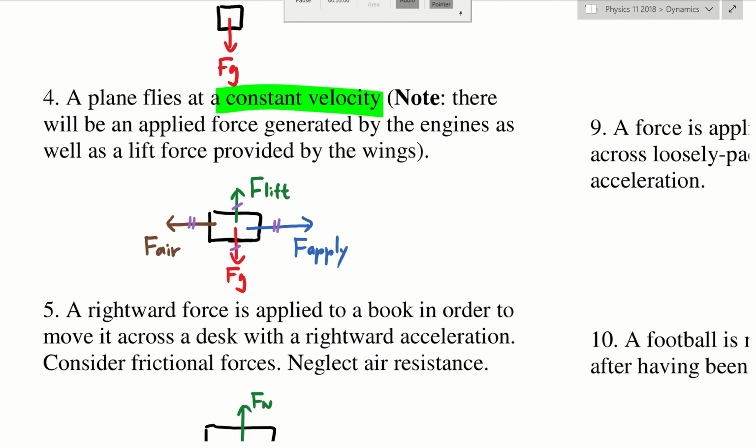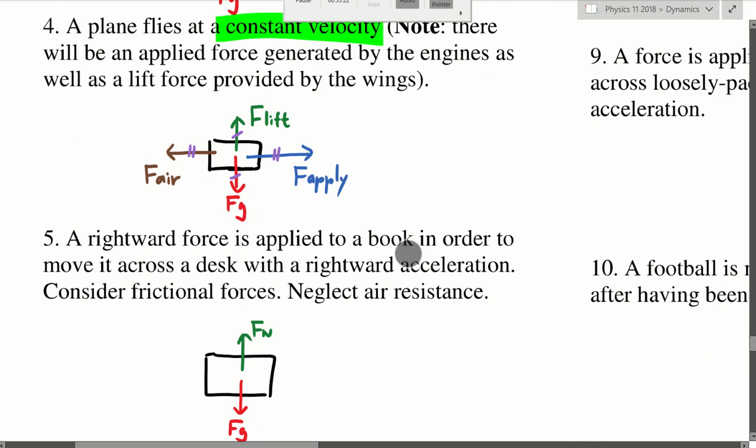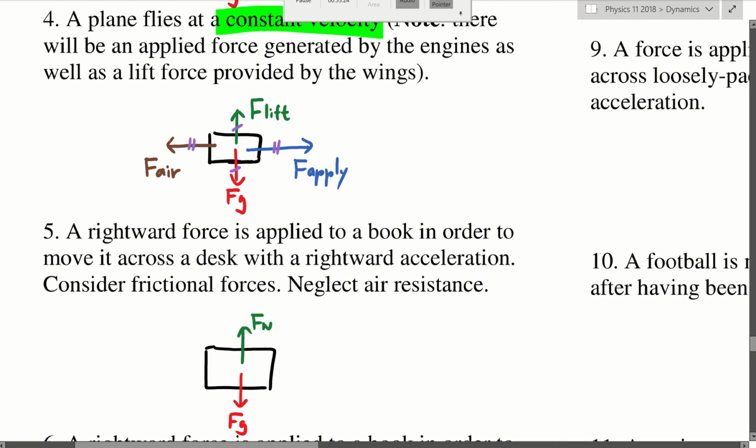And gravity is balanced by the lift provided by the wing. So the wing actually provides you with some kind of applied force that goes up. Now, in aviation, they call that the lifting force. It's just an applied force that goes up provided by the wing of the airplane. So I'm going to say lift in here, but it's an applied force, just vertically. And they should all balance out. Vertical balances vertical, horizontal balances horizontal. That's the only way you can have constant speed.